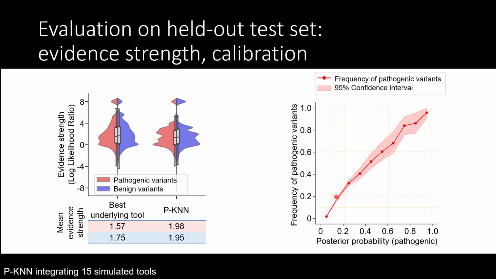If this line goes above the diagonal, because we do bootstrapping in our calibration and want to be conservative, it means that we are a little bit more conservative than needed, but it's acceptable. However, if this curve falls below the diagonal, it means that we are over-assigning evidence and we might overdiagnose a patient, which is less plausible.